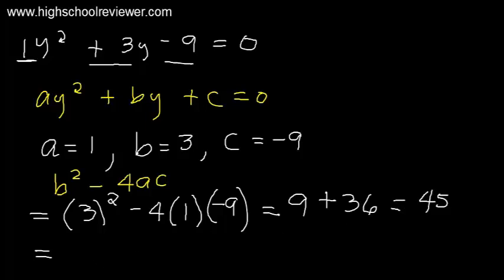So our b squared minus 4ac, or our discriminant here, is greater than 0. Okay, let's change the color. Again, our discriminant here, since it is positive 45, is greater than 0 and not a perfect square.